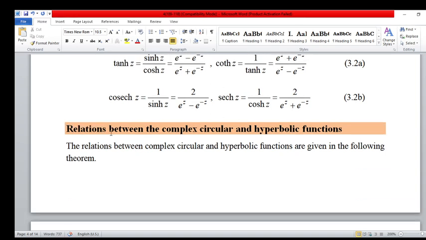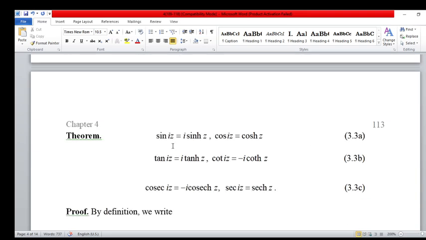Now the relation between complex circular and hyperbolic functions. This is important again. The relations between circular functions and hyperbolic functions are given as follows.